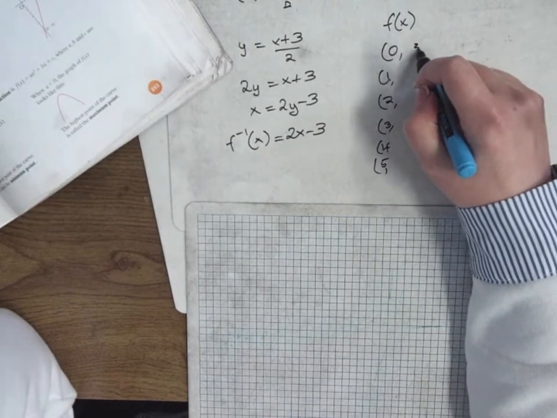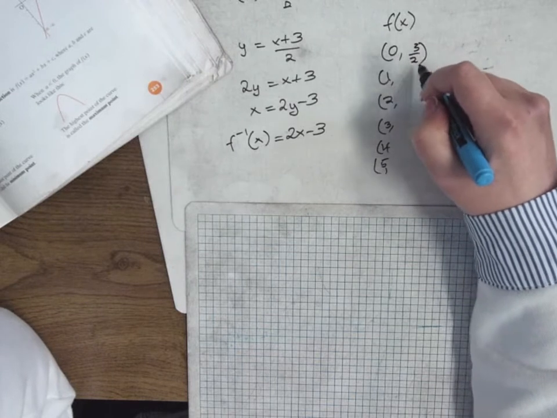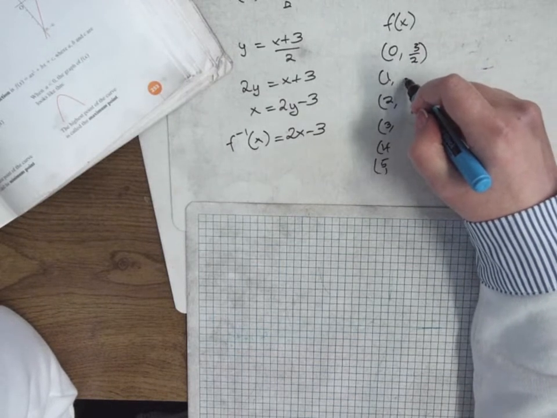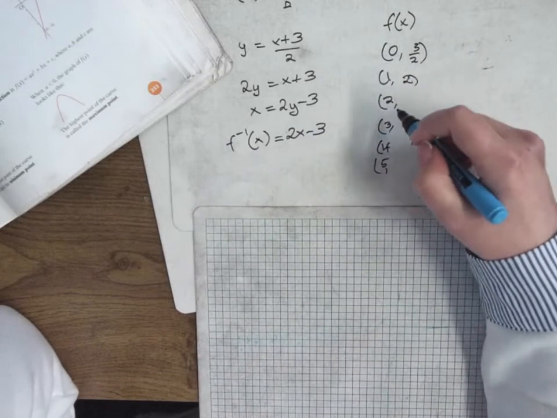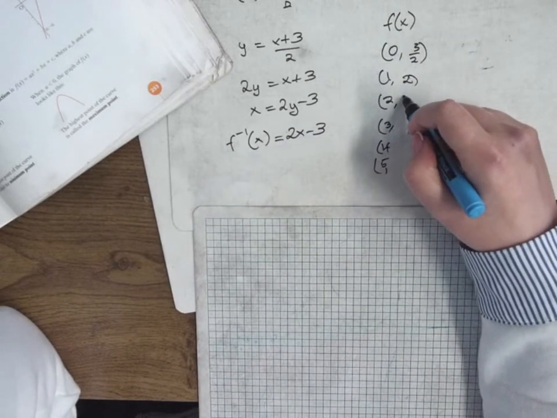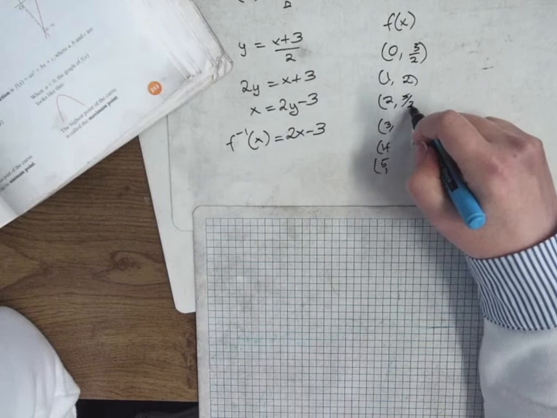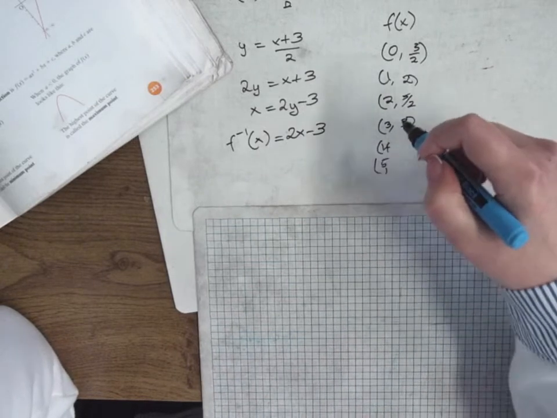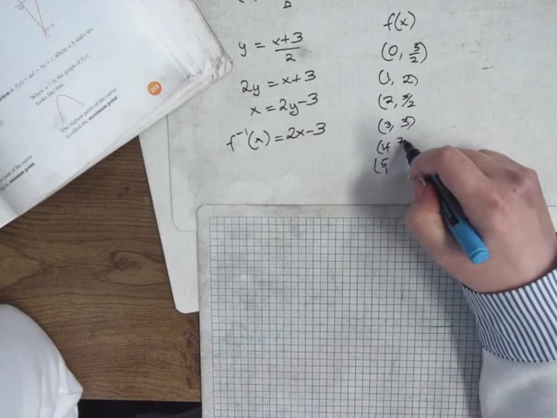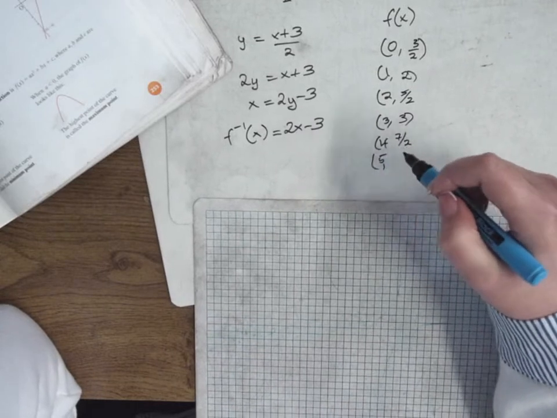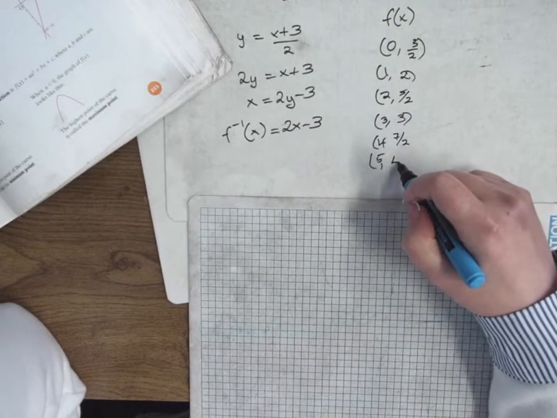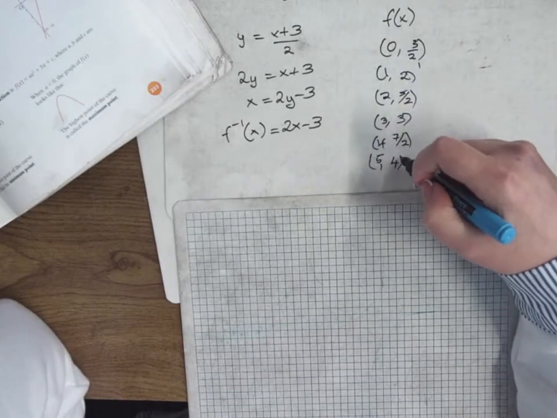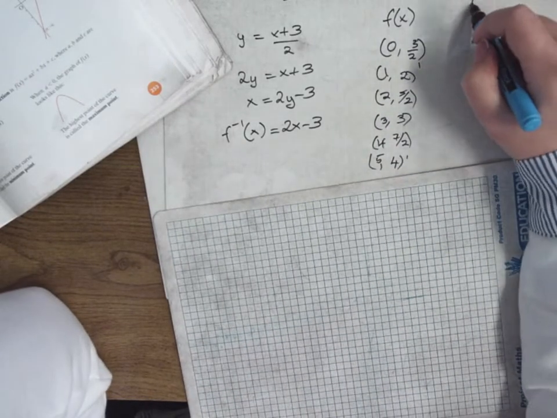So you get (0, 3/2), (1, 2), (2, 5/2), (3, 3), (4, 7/2), and (5, 4). Okay, so I'll get the corresponding points for f inverse of x.